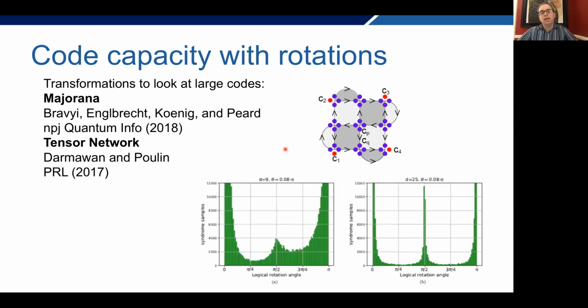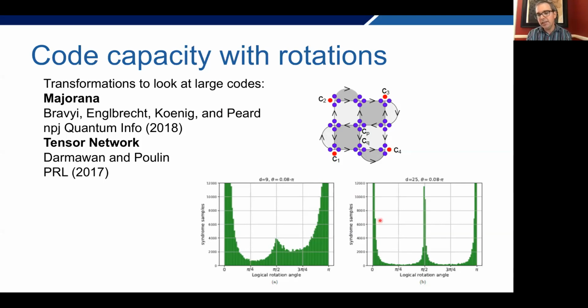So what's interesting is we know that measurement of stabilizers also decoheres errors. And so what happens when we look at these really large codes? For really large surface codes, there's this nice tensor network paper by Darmawan and Poulin, and then this Majorana representation by Bravyi, Englbrecht, Koenig, and Peard.